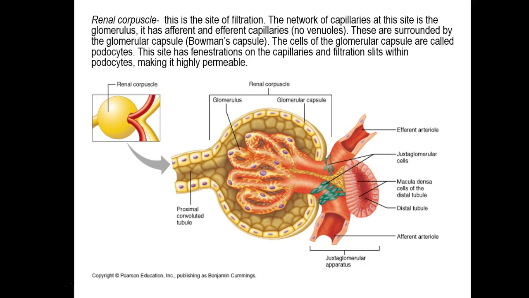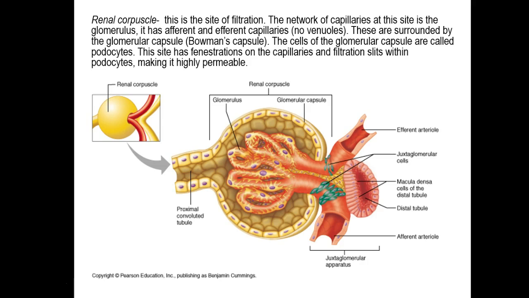That is housed in a structure called the capsule, which is made up of epithelial cells, connective tissue, and a space in between. And so the blood pours in. Those things are able to fall through slits, because the capillaries in the glomerulus are fenestrated.